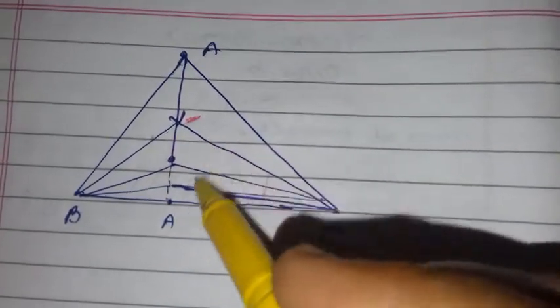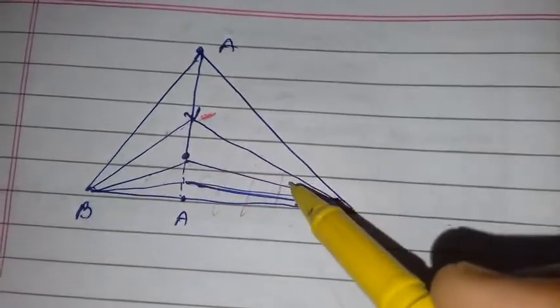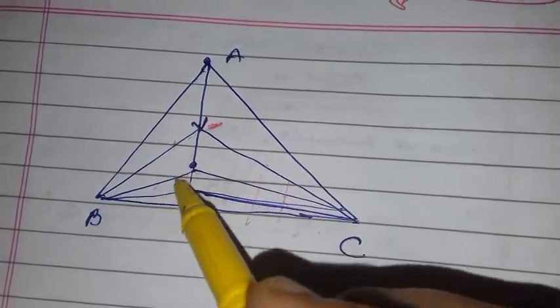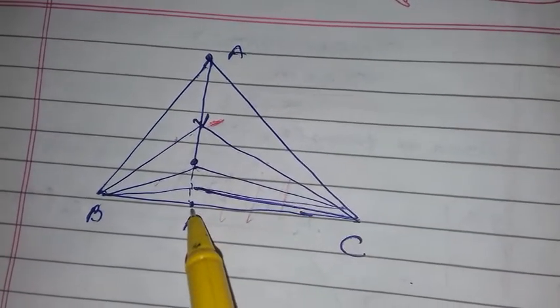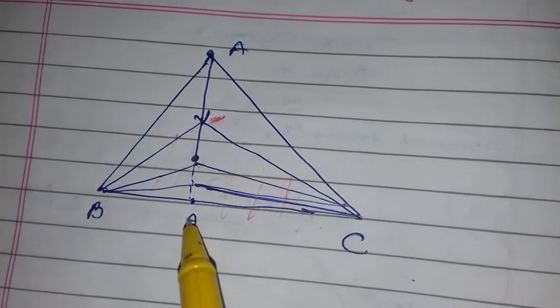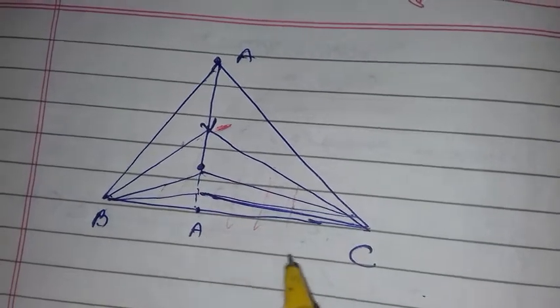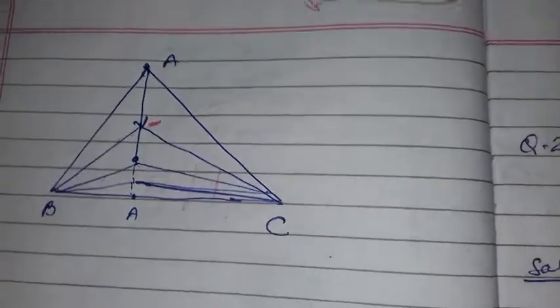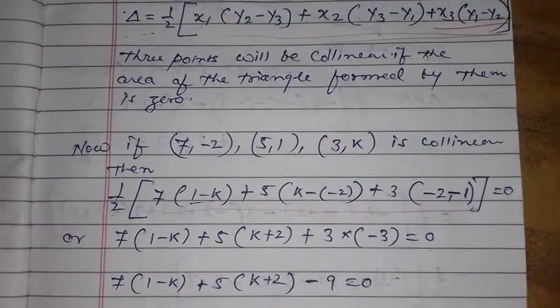Again A reaches here, and the area is again reduced, and finally when A reaches the line BC, the area becomes 0. This means when the 3 points are collinear, the area of the triangle is 0. So this method will be used here to find the value of k.